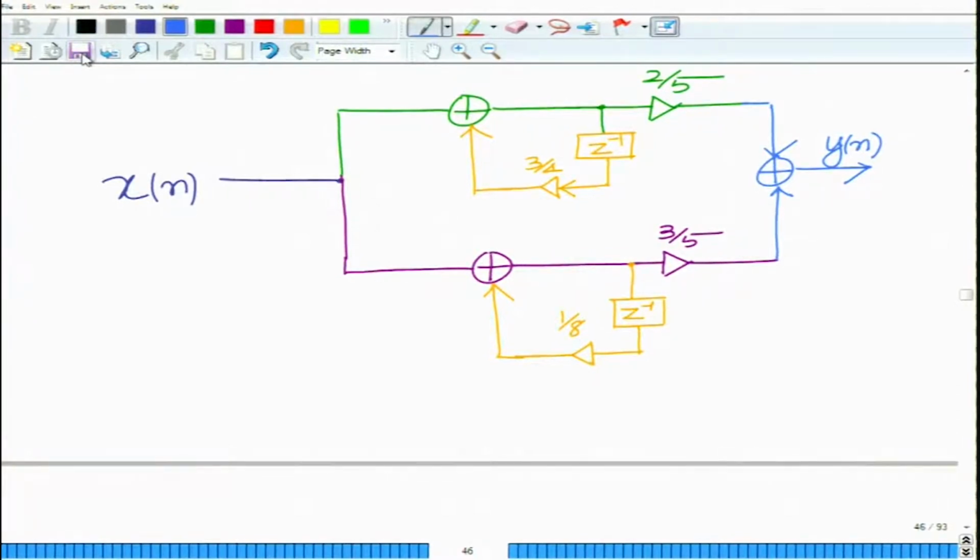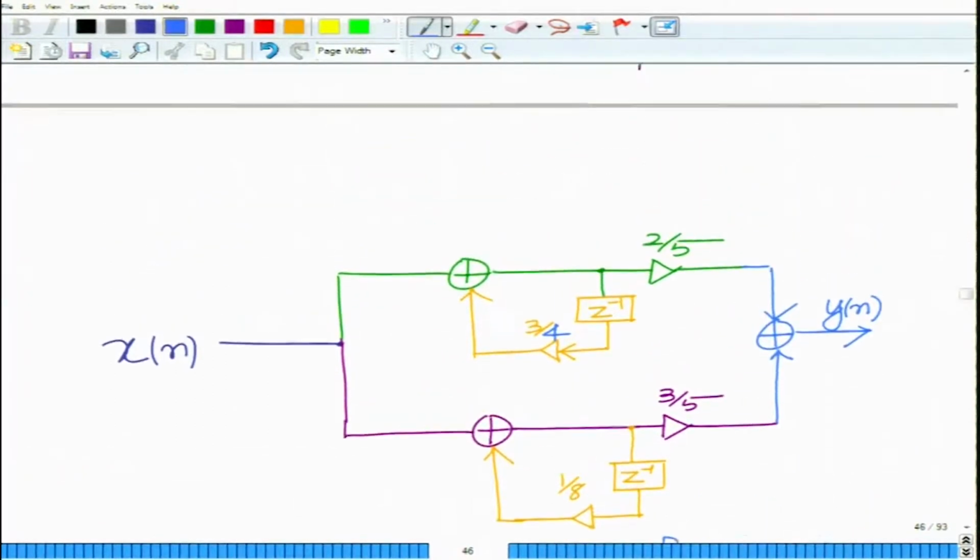So, this is basically your parallel form 1. So, this is a parallel form 1 structure for the IIR filter. So, this is 3 by 4, correct.